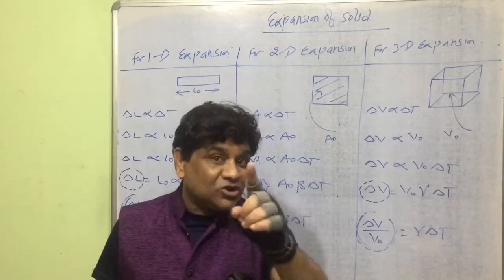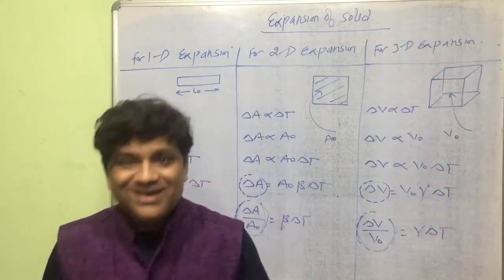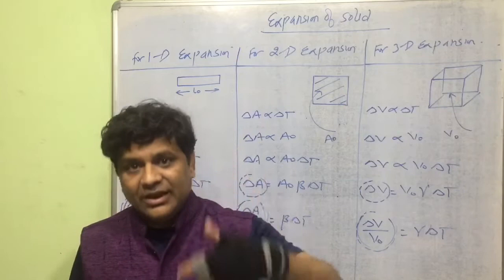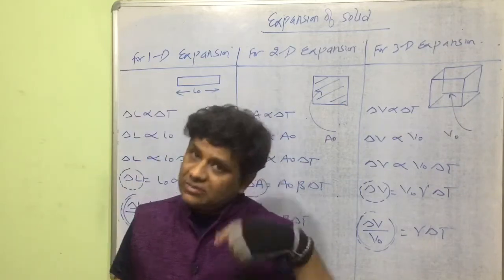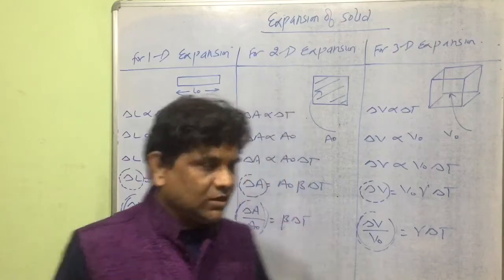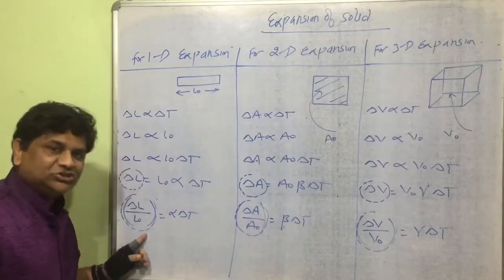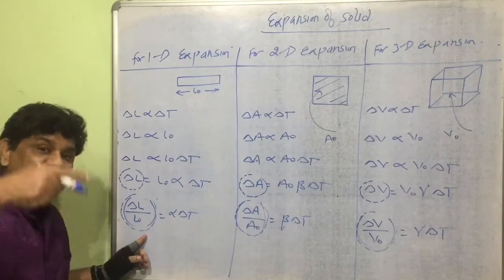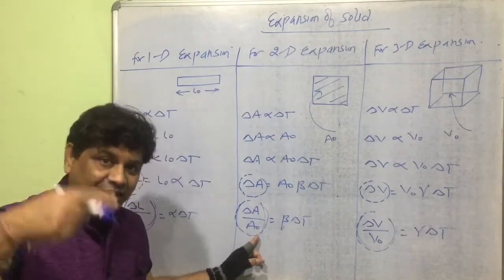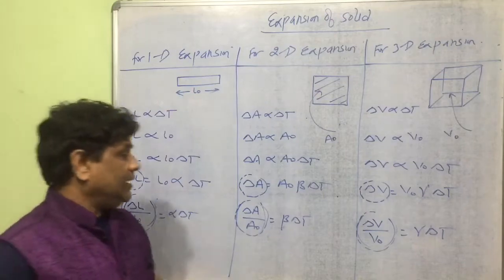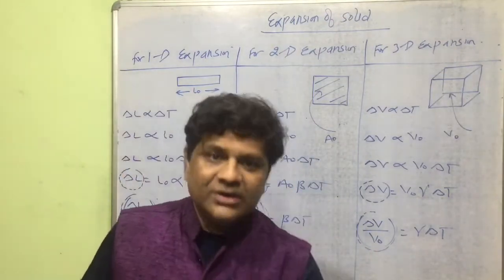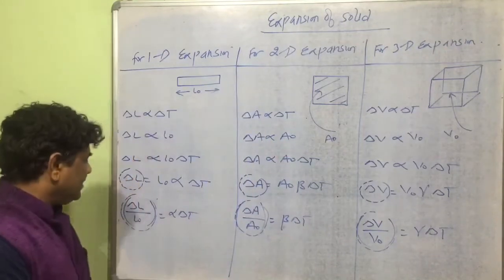One-dimensional means longitudinal strain, two-dimensional means areal strain, and three-dimensional means volumetric strain.